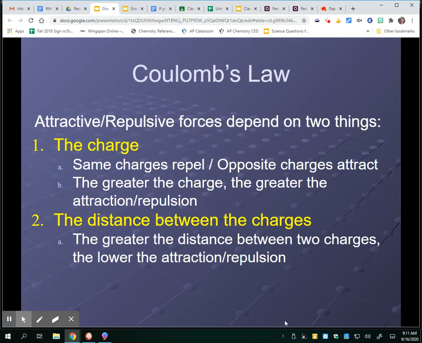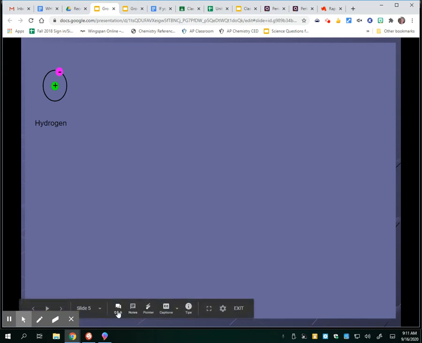First, we're going to apply that to the atomic size of atoms. Here I have a hydrogen atom, and I have my one positive proton attracted to my one negative electron. We only have one energy level on this atom. Helium still only has one energy level, but it has two protons in the nucleus, and two electrons on that first energy level.